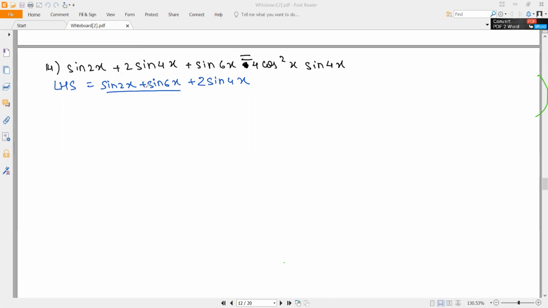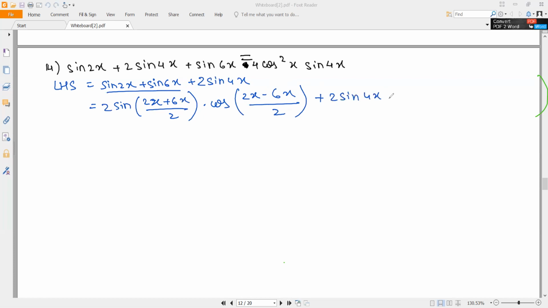Here you have sin A plus sin B. Now sin A plus sin B, we know that it is 2 times sin of (A plus B) by 2. So A is 2x plus 6x divided by 2, into cos of (A minus B) by 2, which is (2x minus 6x) divided by 2, plus 2 times sin 4x.